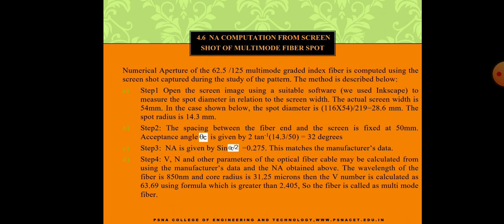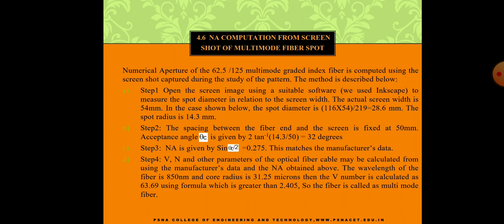Step 1. Open the screen image using suitable software. We used Inkscape to measure the spot diameter in relation to the screen width. The actual screen width is 54 mm in the case shown in the diagram. The spot diameter is 116 into 54 divided by 219.